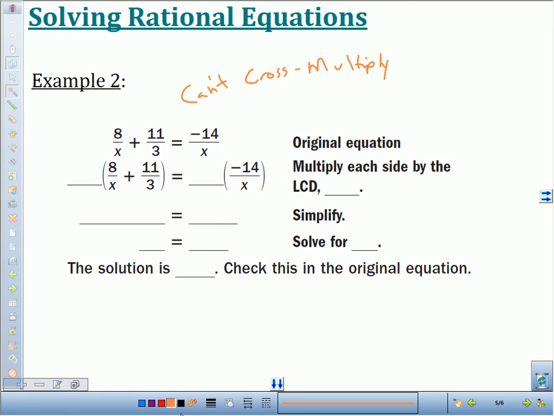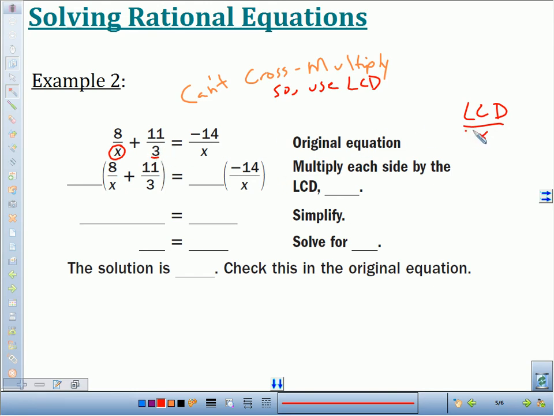So instead, I want to use the LCD to solve this. And here's how this is going to work. First, I need to find the LCD. To find the LCD, we start with the first term, x. So x has to be in our LCD. We look at the second denominator and we say, okay, what's in this denominator that's not in the LCD?